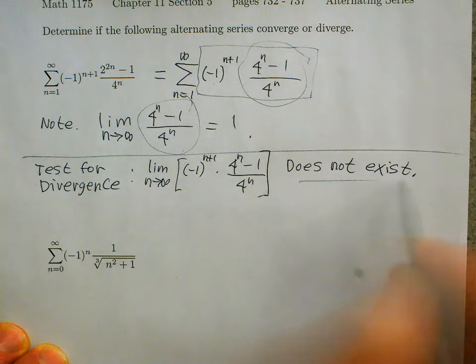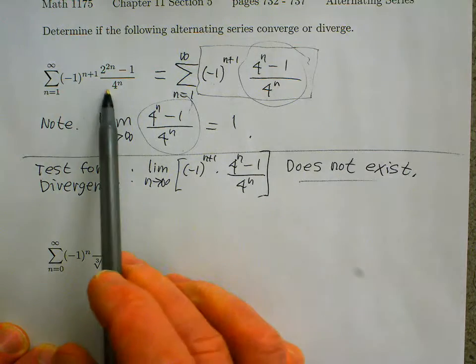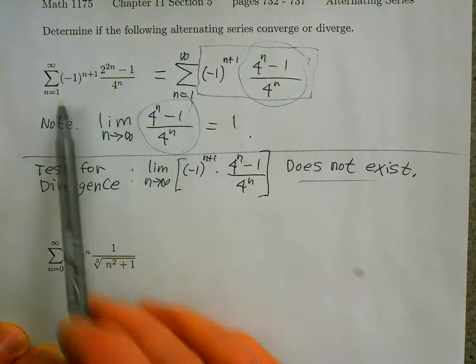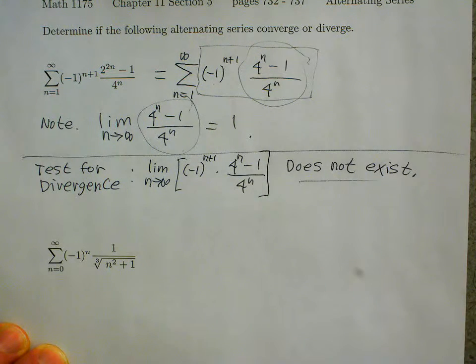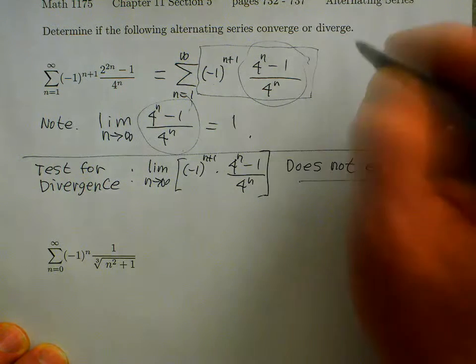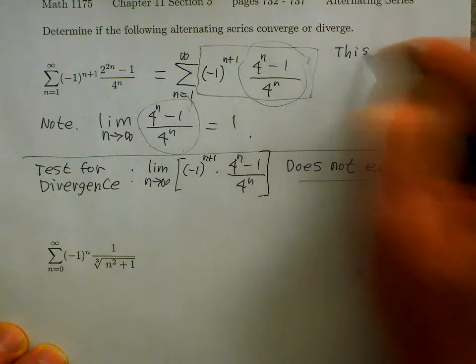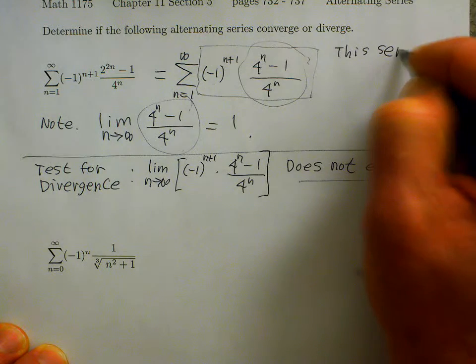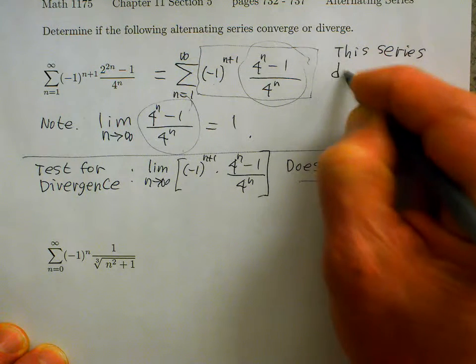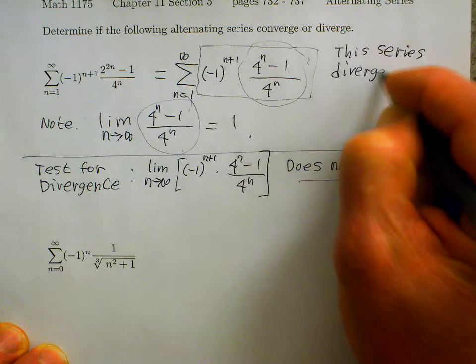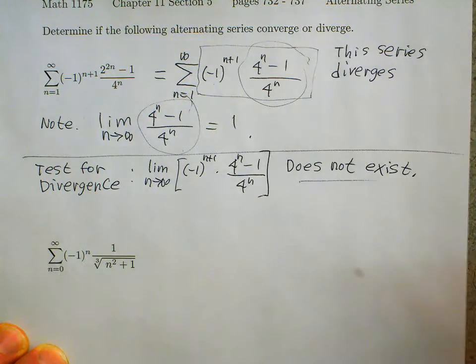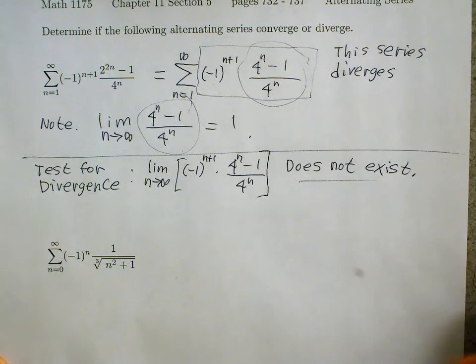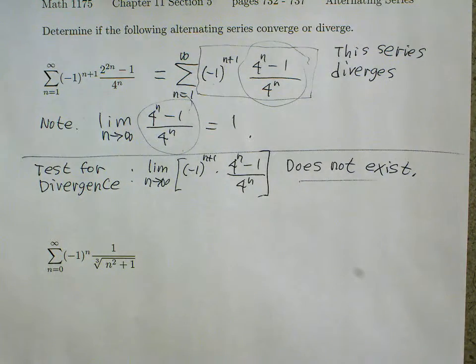And so for the test for divergence, we conclude that this series does not converge, that it diverges. So this series diverges by the test for divergence, not the alternating series test.